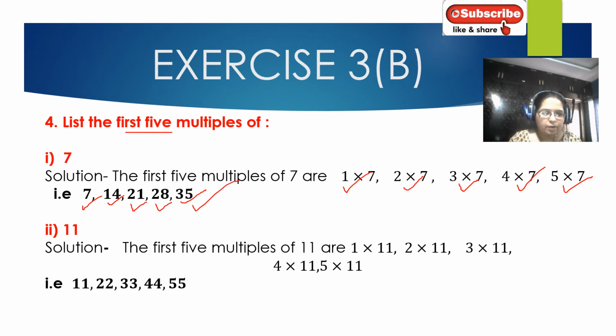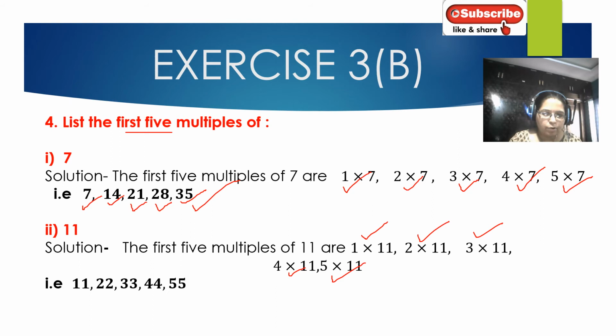Second part, 11. The first 5 multiples of 11 are 1 multiplied with 11, 2 multiplied with 11, 3 multiplied with 11, 4 multiplied with 11 and 5 multiplied with 11. As we have to find the first 5 multiples of 11, multiply 11 with the numbers 1, 2, 3, 4, 5.